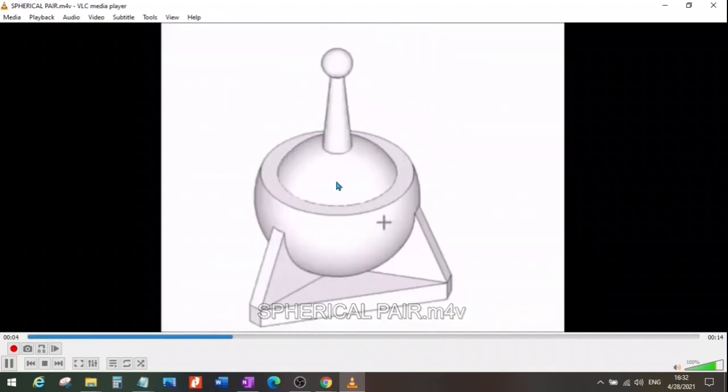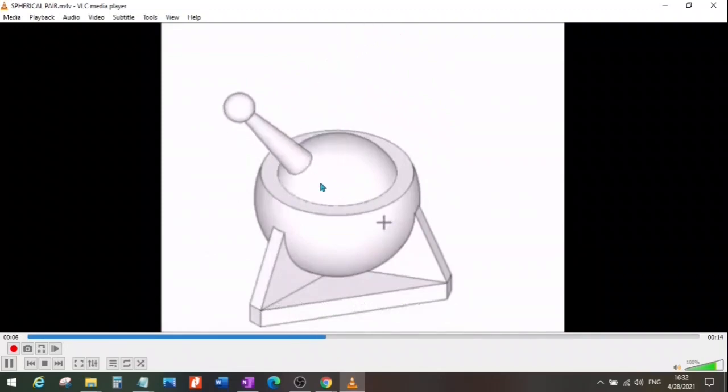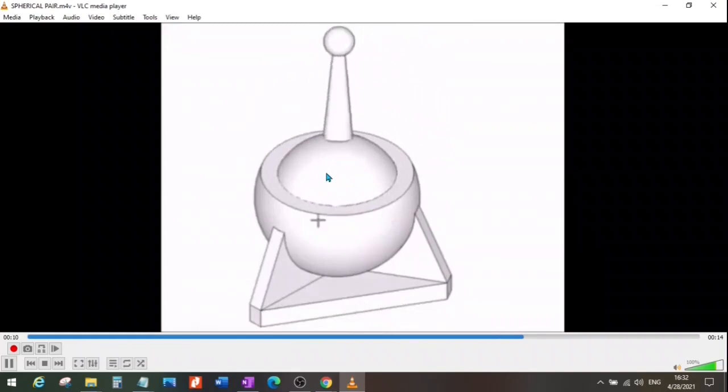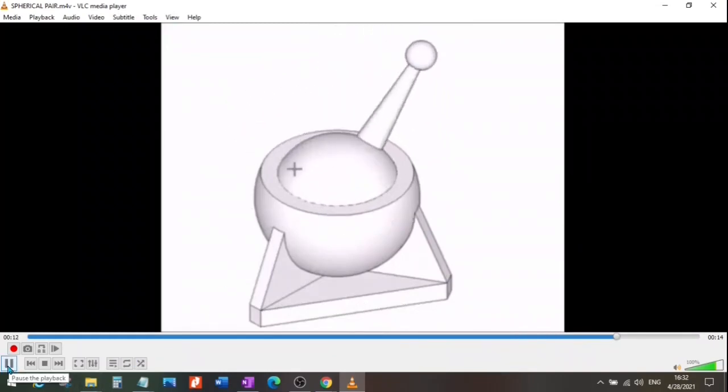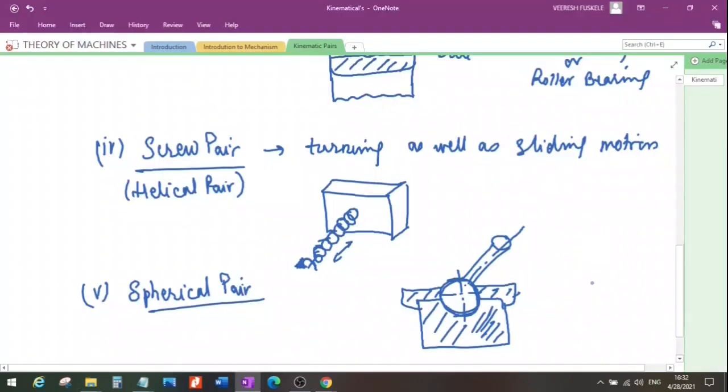There is a sphere which is actually moving inside this fixed link, and it can be moved in any of the directions with the help of this knob, right? So this is how the kinematic pairs are classified on the basis of nature of relative motion, right?